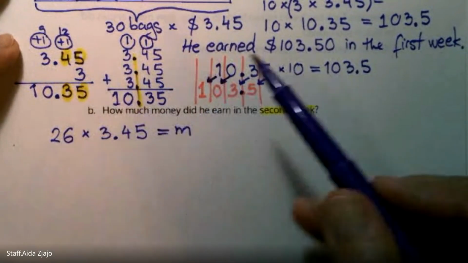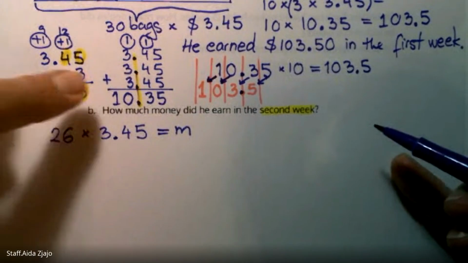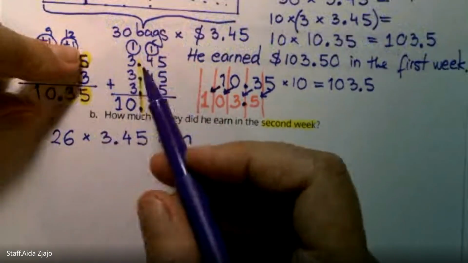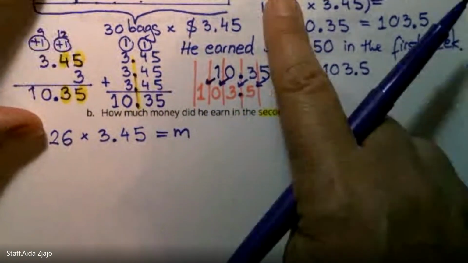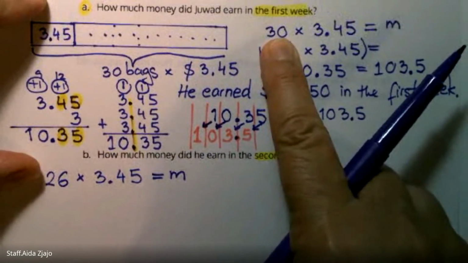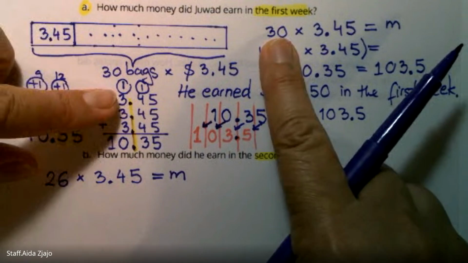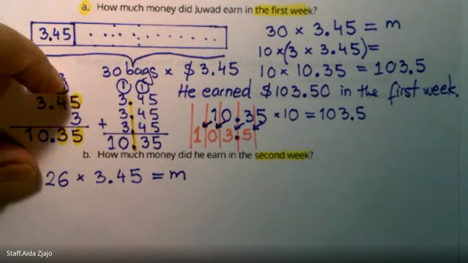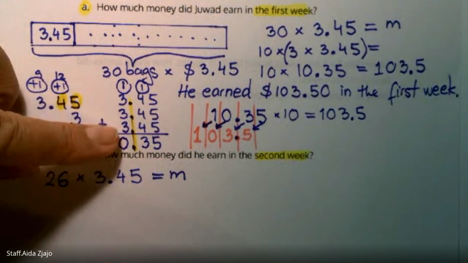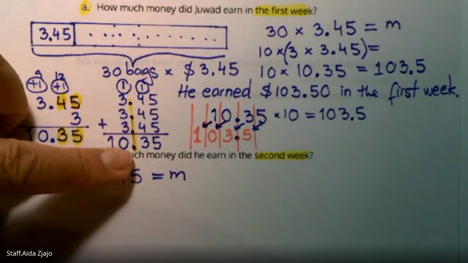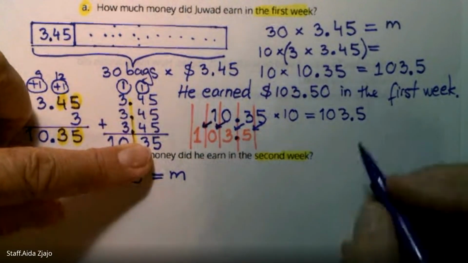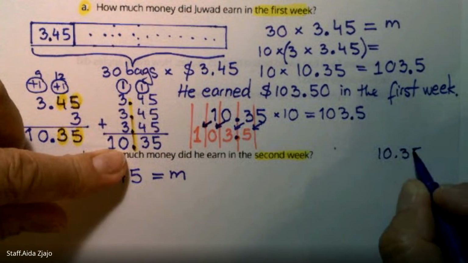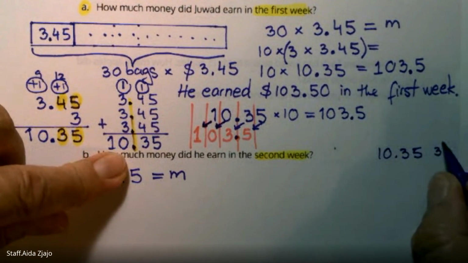So the first one, you can say this is already 30 bags. 26 is less than 30 by 4 bags. So here is 3 bags. 3 times $3.45 is 10 and 35 hundredths. That is 3 bags.